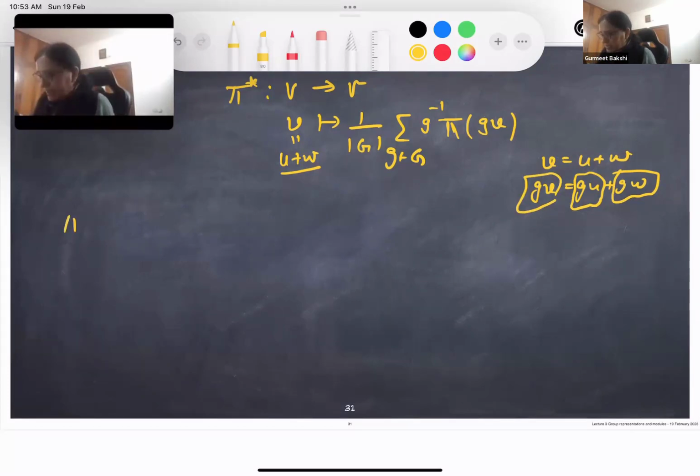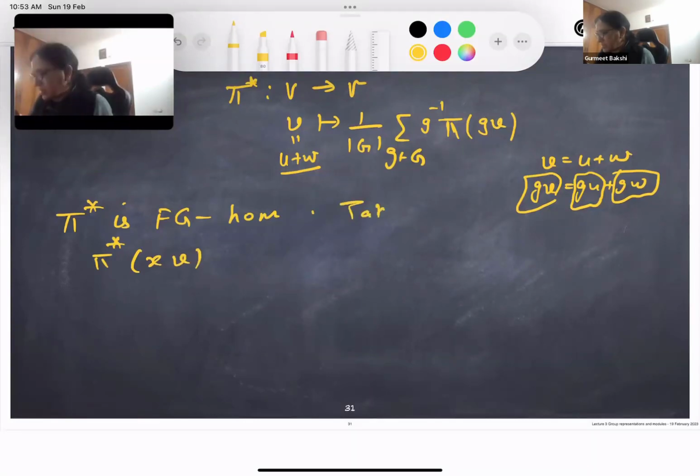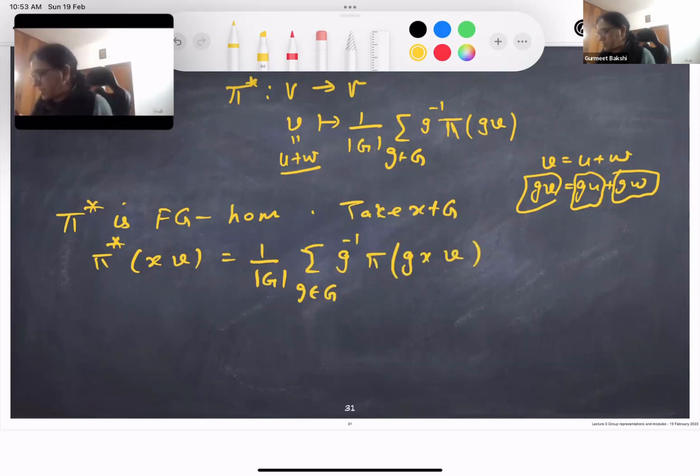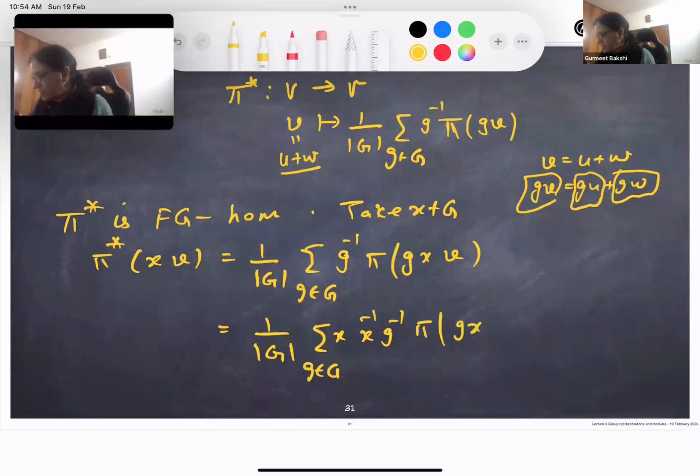And now pi star is FG linear, an FG homomorphism. Maybe I can do it quickly for you. So you just take X in G. This is 1 over the order of G, sum over G in G, of G inverse pi of GXV, right? This is the definition. And now I will write it as X inverse times (GX) inverse pi of GXV.